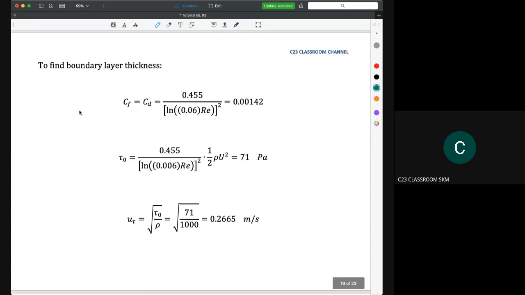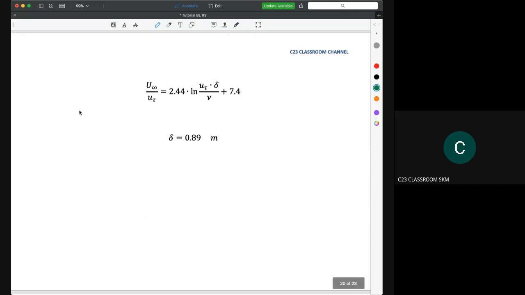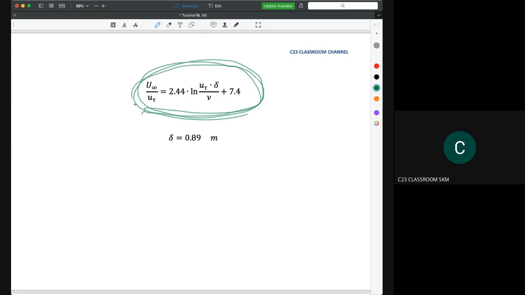If you want to calculate the boundary layer thickness, first we need to use this equation. You could refer to our previous lecture, where I showed you a few examples using this. According to this equation, we need to know the value of U tau. How do we calculate U tau?